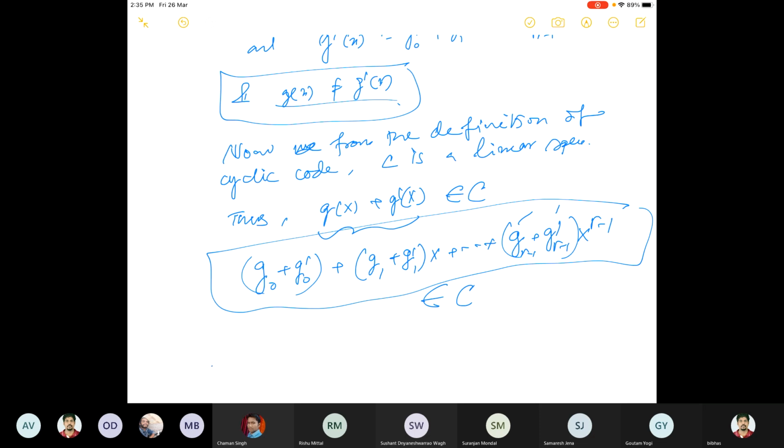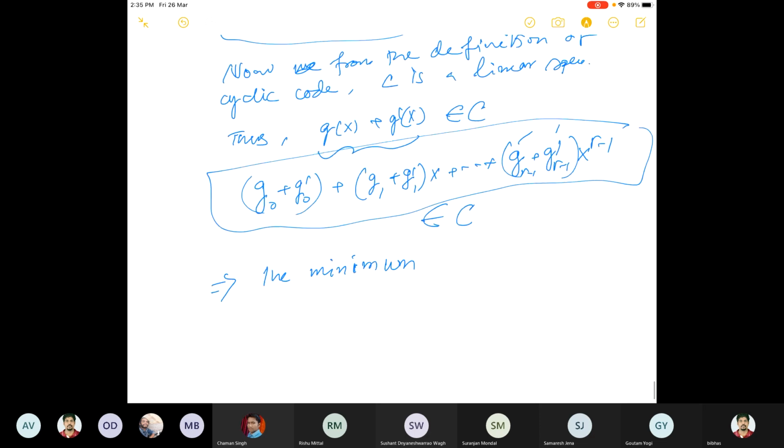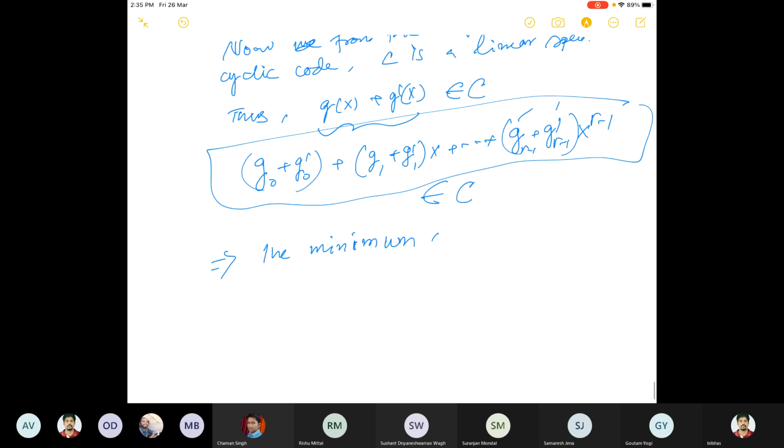Okay, so which implies the minimum degree of code polynomials in C is less than r, which is a contradiction.